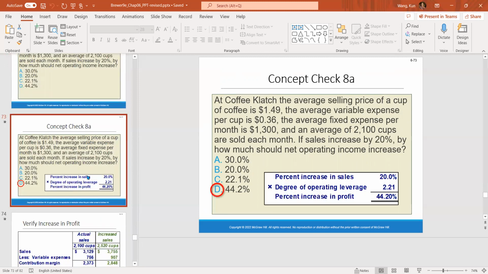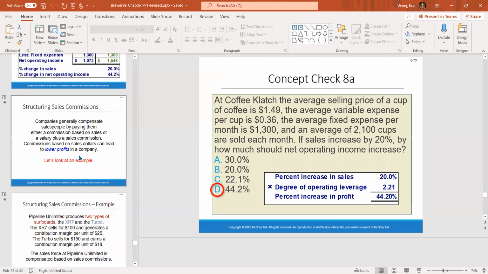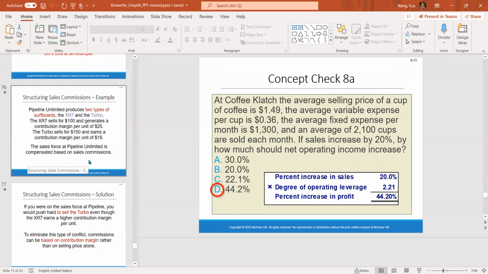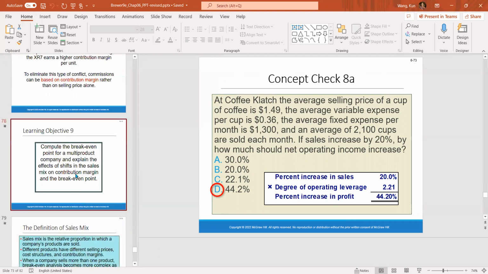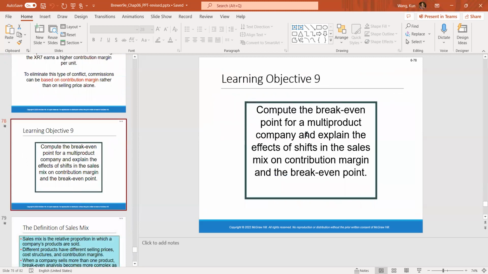And for the rest of the chapter, I'm not covering especially the break-even sales or target profit sales for more than one type of product. We call it sales mix.